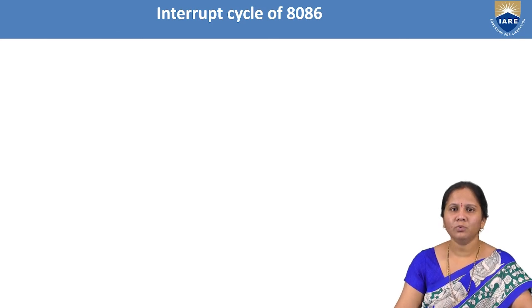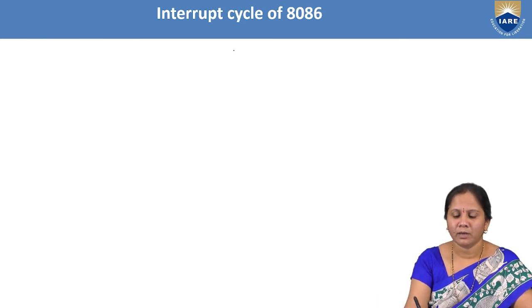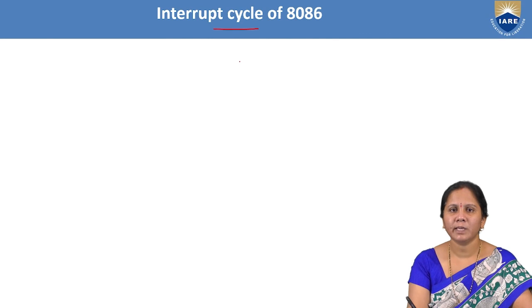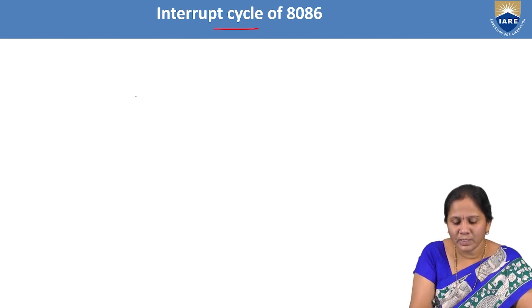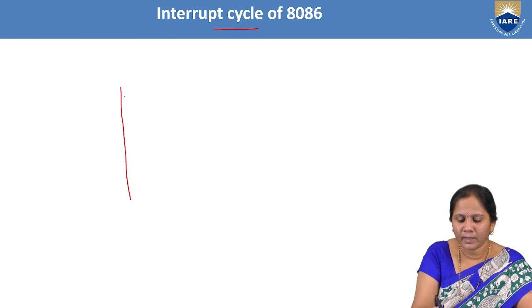So in order to discuss the same interrupt cycle of 8086 microprocessor in a diagrammatical manner, whatever steps we have discussed previously: first, consider this is the main program.